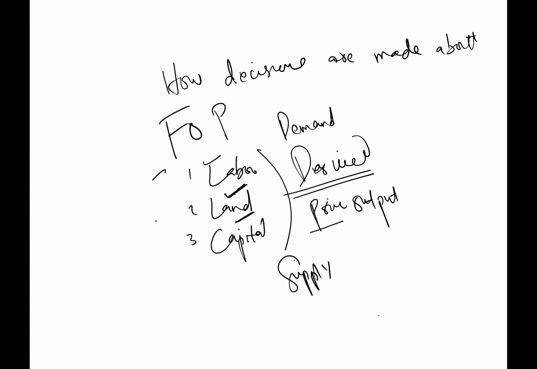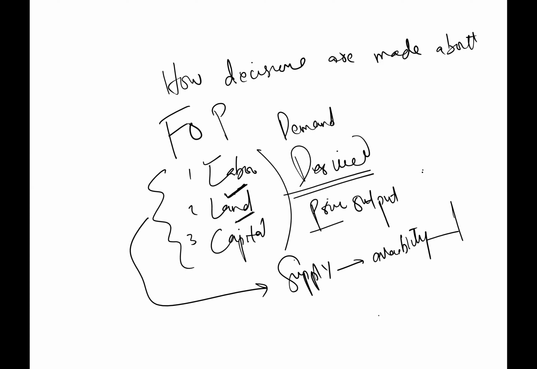Supply of these three depends on availability, which means in case of labor, the availability is the labor versus work. And what we learned over there is that if working is giving you more money, then you sacrifice your leisure time.